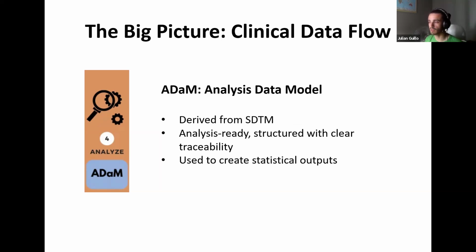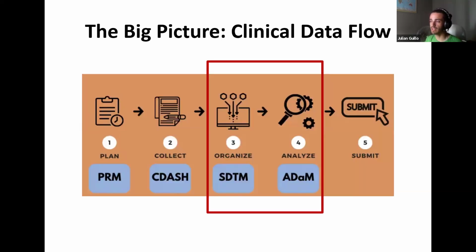It's the one that we later use to create the statistical outputs. Today, we're not going to do the analysis, but what we're going to see is how to go from SDTM to ADaM, more specifically with the ADSL dataset, which is one of the many ADaM datasets that there are.